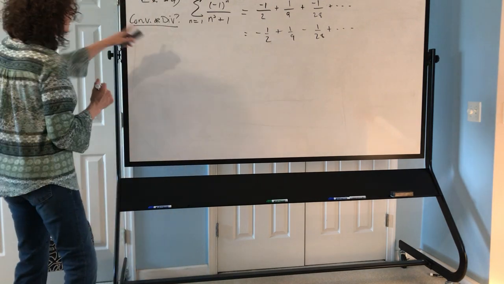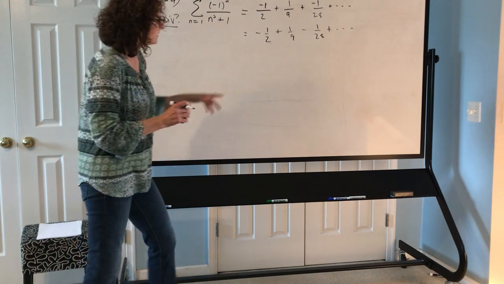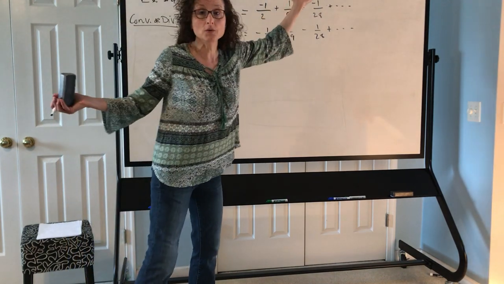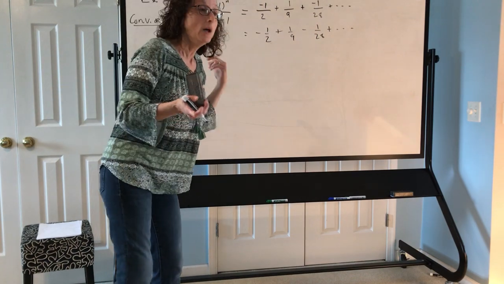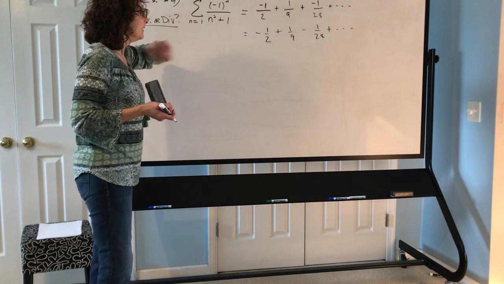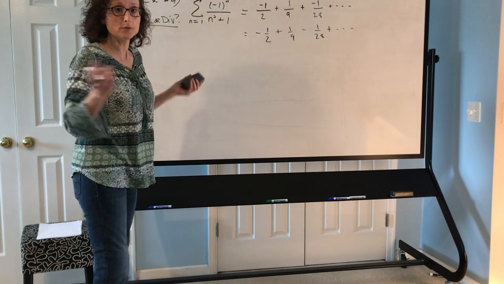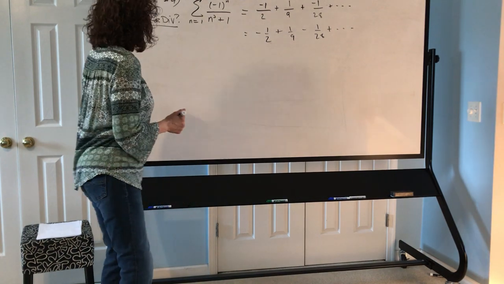So here's the series that we're trying to decide: does this converge or diverge? It's got negative terms, so you can't use any of the methods that we had before. You can't do the limit comparison test with this, because this has negative terms. The limit comparison test proof relied on the terms being positive.